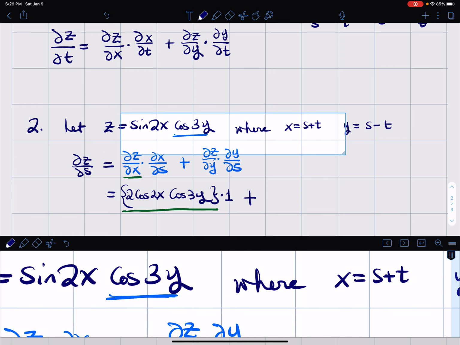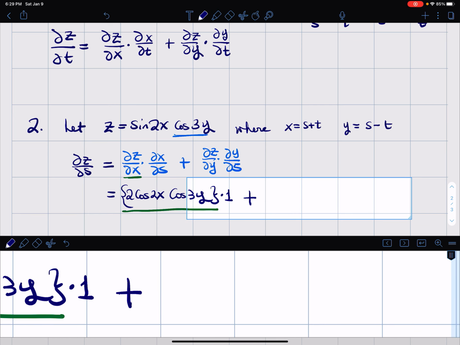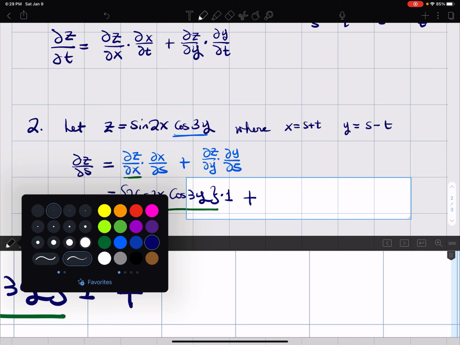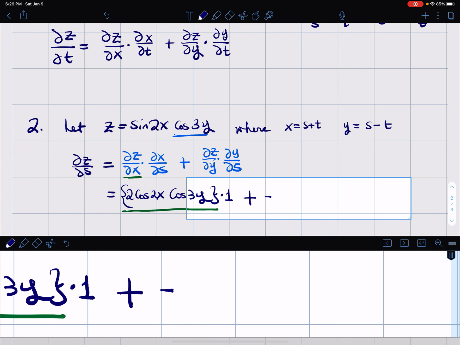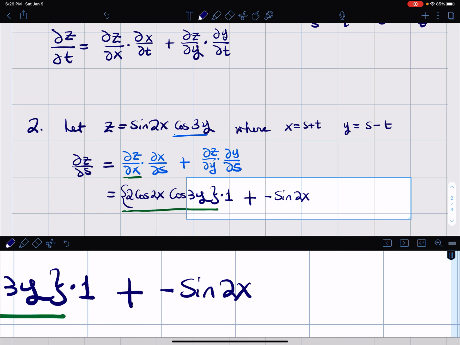As far as y is concerned, sine 2x is a constant, so just take the derivative of cosine 3y, which is minus sine, so we have minus 3 sine 2x sine 3y.